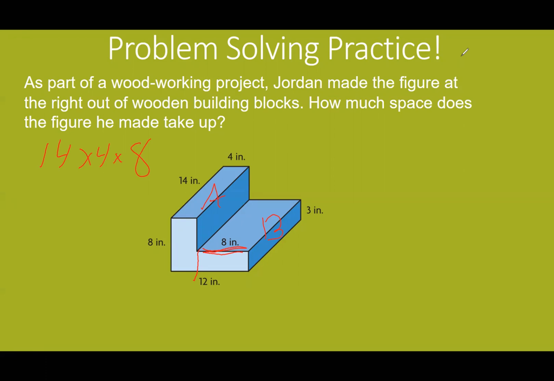Well, I know that 4 times 8 is 32, so 14 times 32. 2 times 4 is 8, and 2 times 1 is 2. Well, that was easy. Now I'm working in my tens place, so I put my tens down there. 3 times 4 is 12, and I regroup. 3 times 1 is 3, plus 1 is 4.